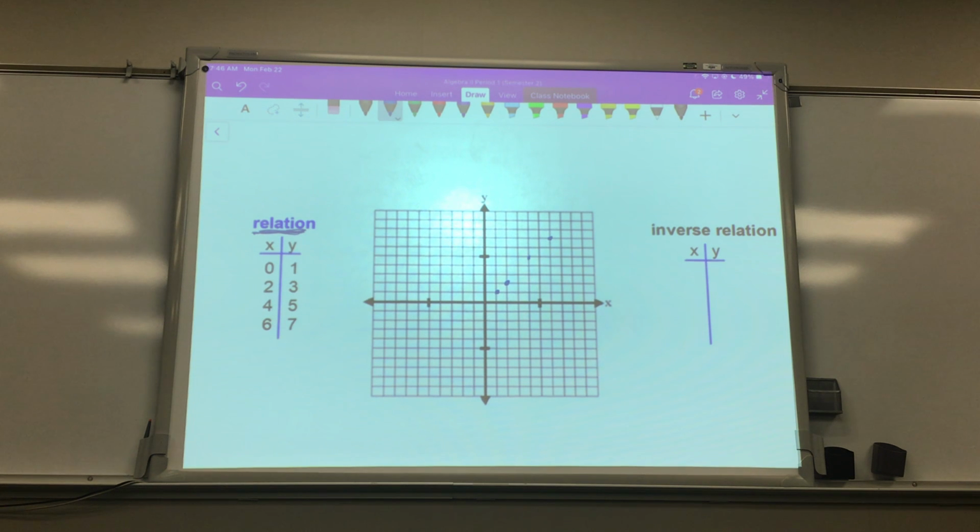Now, we said for an inverse relation, we flop the input and the output, right? So your x's become your y's and your y's become your x's. So, just flip-flopping that. Your x's become that 0, 2, 4, 6. And your y's become that 1, 3, 5, 7. And I plotted one of those wrong. 0, 1, 2, 3.